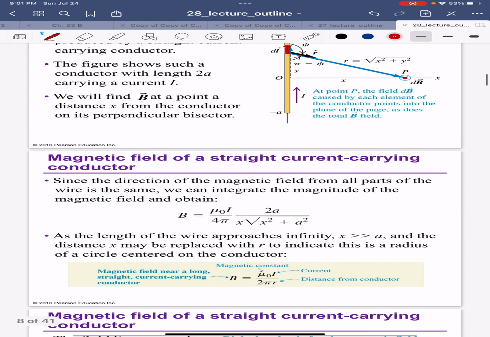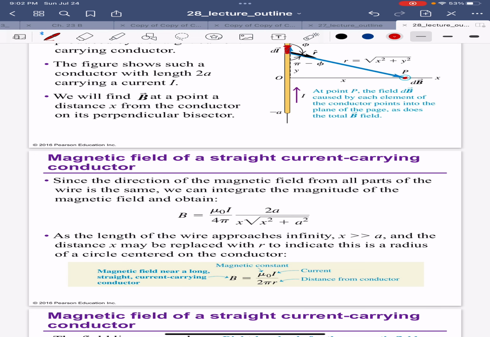As we have the length of the wire longer and longer, x is going to be very, very large compared to a. And since a is related to the length of the wire, the distance is going to be replaced by r, to indicate that this is the radius of a circle centered on the conductor.